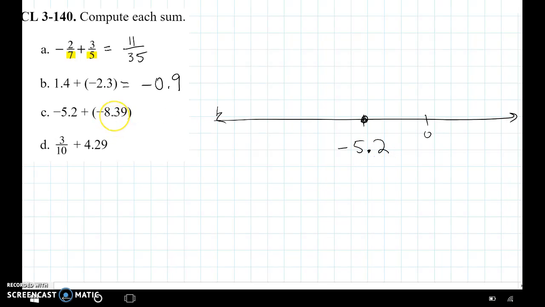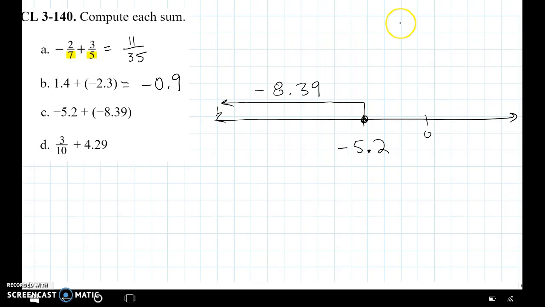And then we're actually going to the left a whole lot more, another 8 3/9. So if I'm already here, I'm going 8 and 3/9 more to the left.